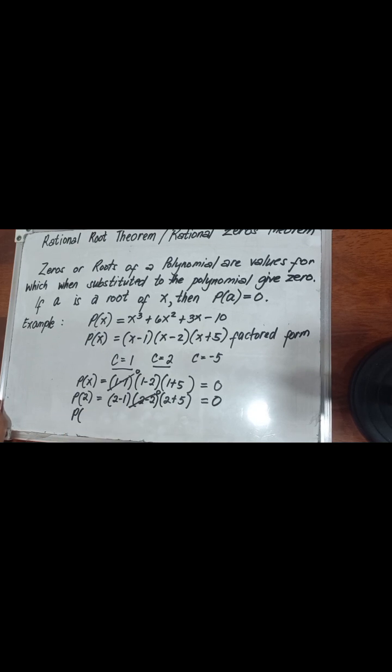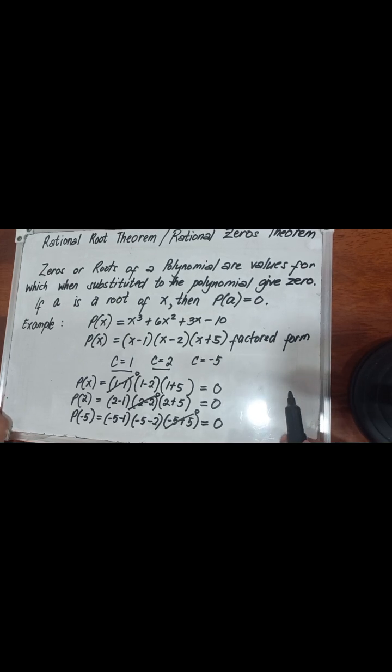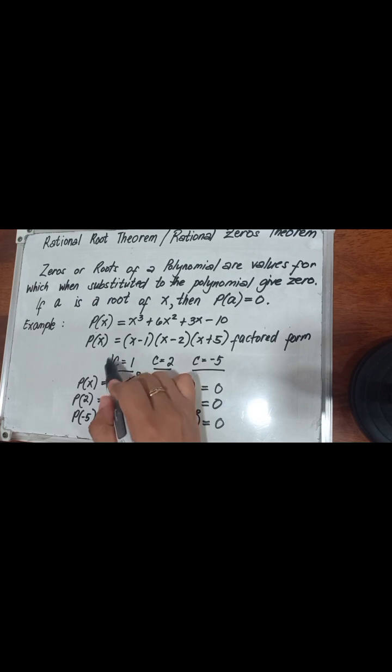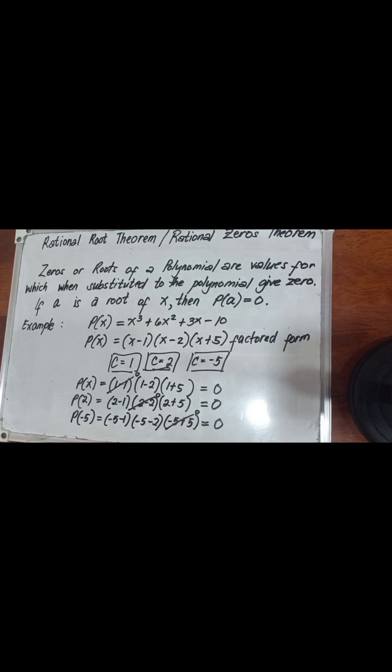Then if we substitute negative 5, we have negative 5 minus 1 times negative 5 minus 2, then negative 5 plus 5. Again, this is 0. Now, from the definition, when substituted into the polynomial and it gives 0, then these are what we call roots or zeros: positive 1, positive 2, and negative 5.